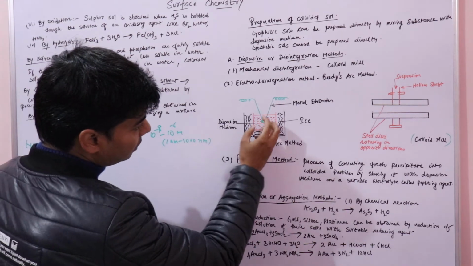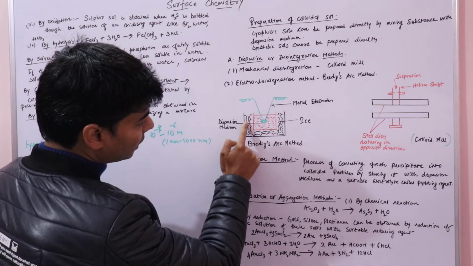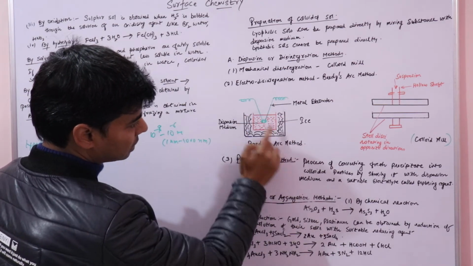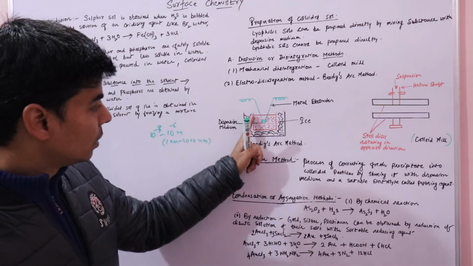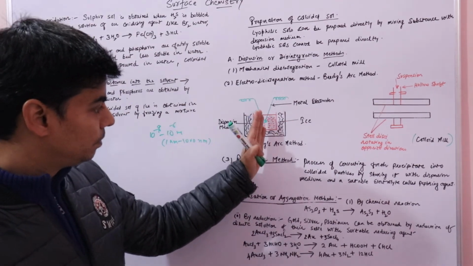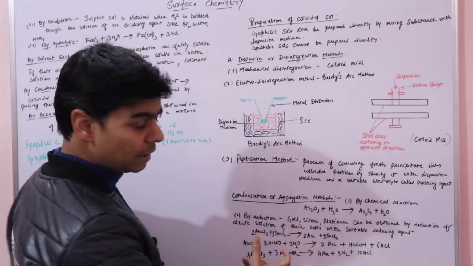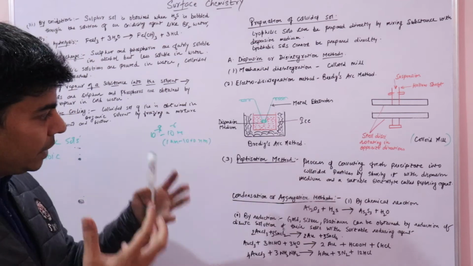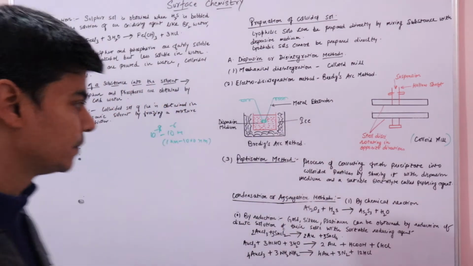When the vaporized metal comes in contact with the ice cold solution outside the container holding the dispersion medium, it will immediately condense, and when it condenses, it changes into particles of colloidal size.